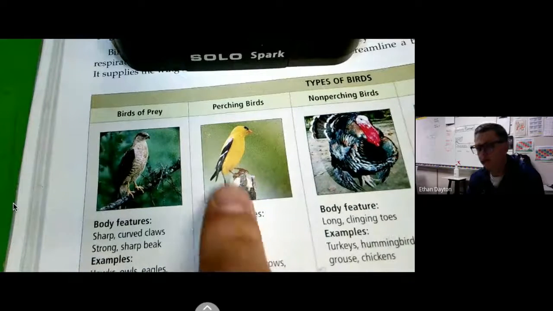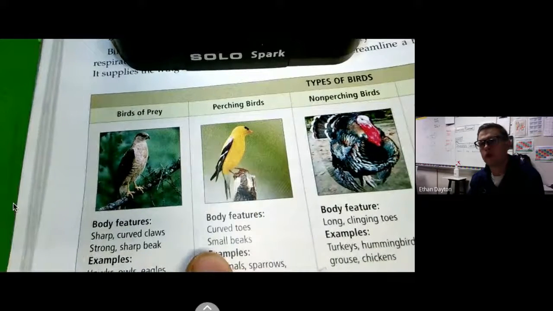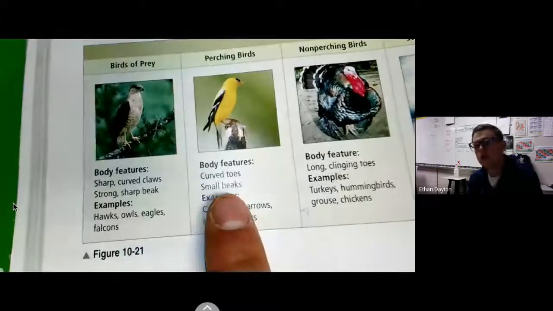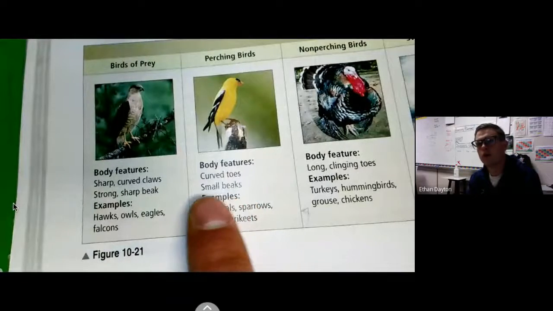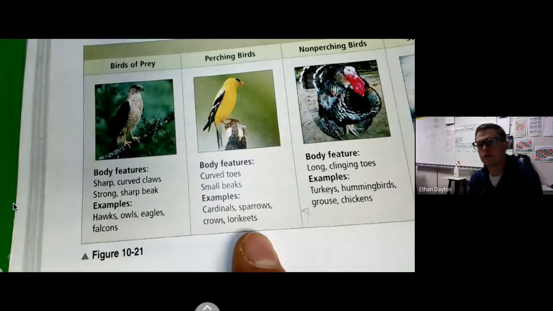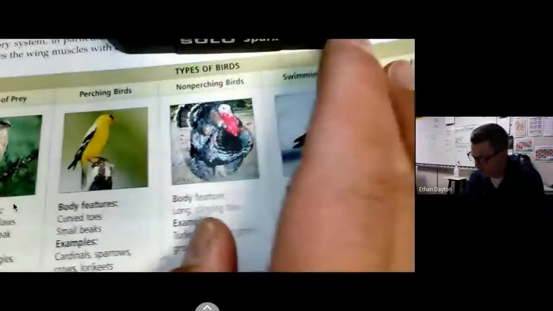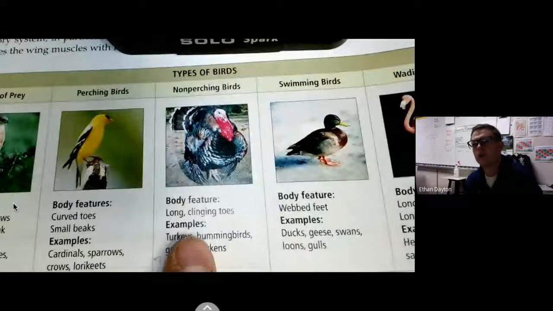Okay, then we have perching birds. Body features are curved toes, small beaks. Examples are cardinals, sparrows, crows, lorikeets. Moving over a bit further, we have non-perching birds.